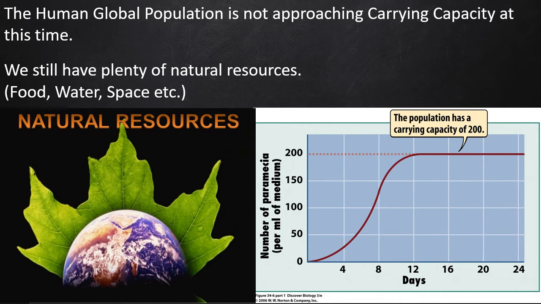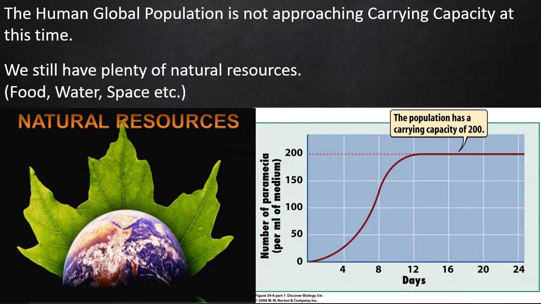But thankfully, many experts believe that the human population is not reaching global carrying capacity. There are still plenty of natural resources on the planet, plenty of food, water, space, etc. Frankly, there's tons of undeveloped land that we have not developed for food supply, and the water cycle keeps us supplied quite nicely.